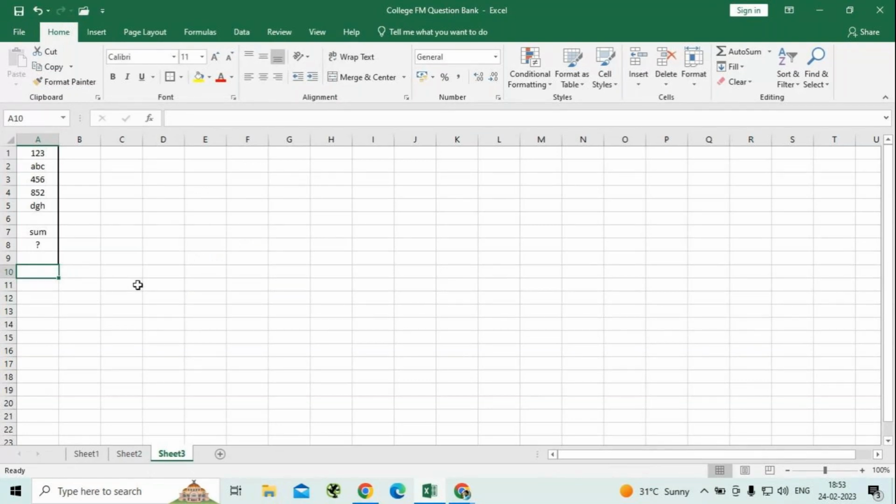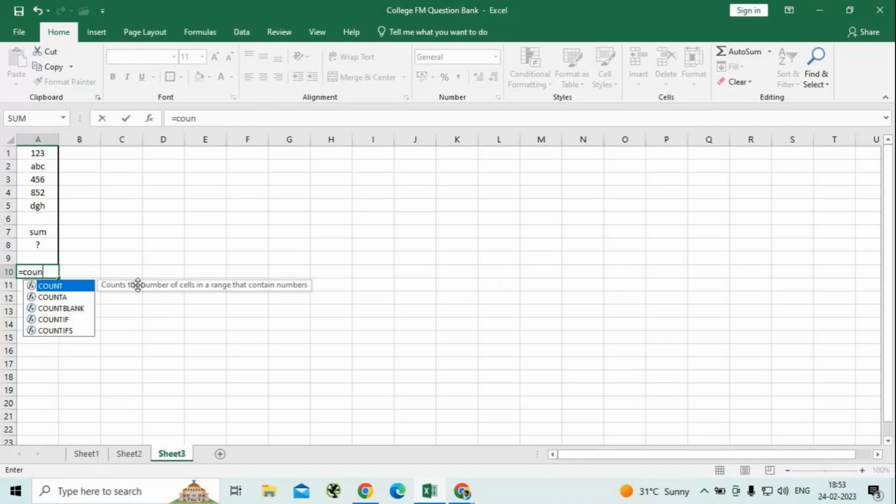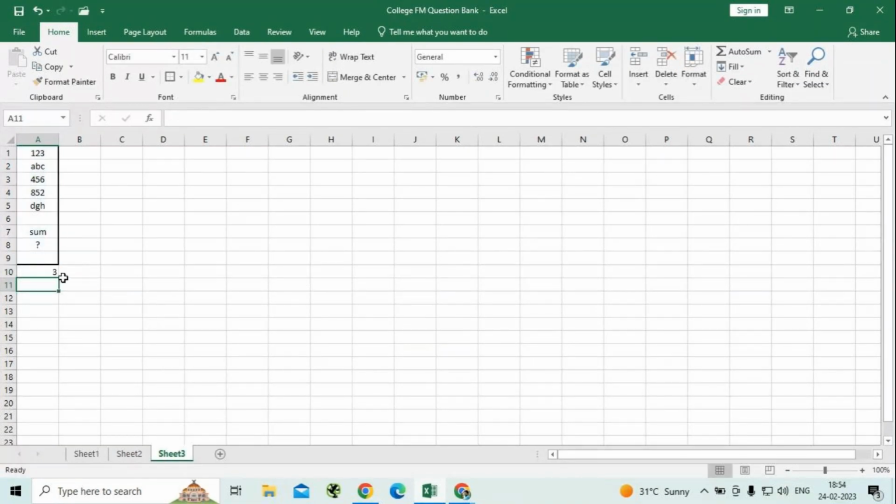Here I'm going to use count. This is one function. It says 3. So here I've used count.